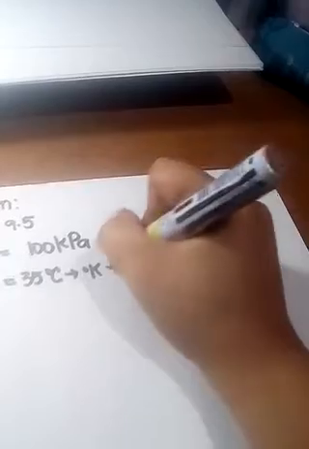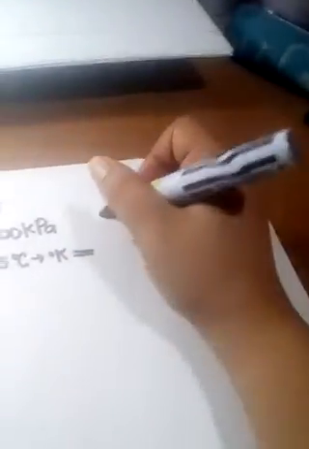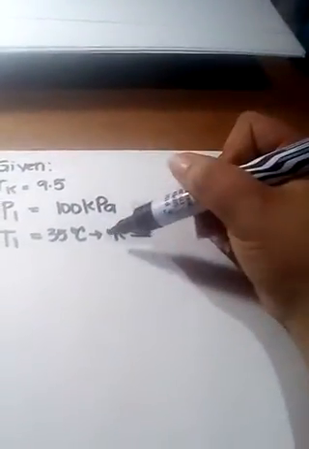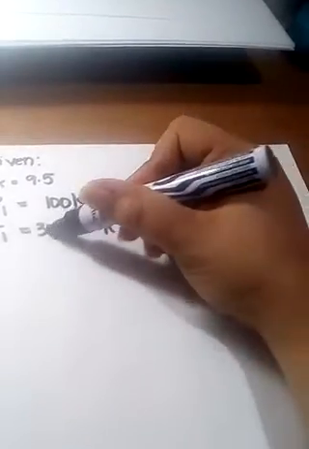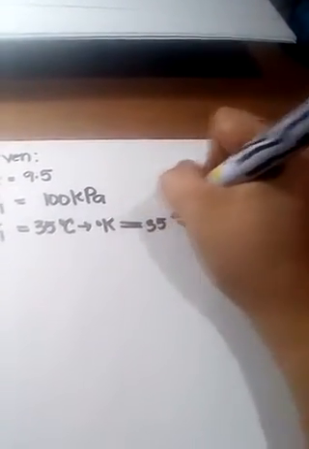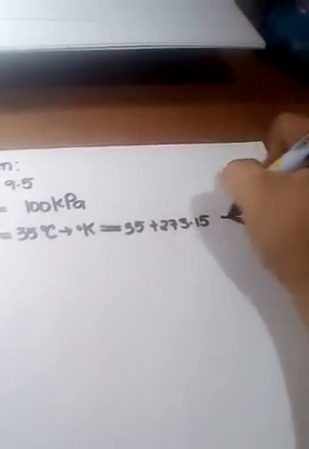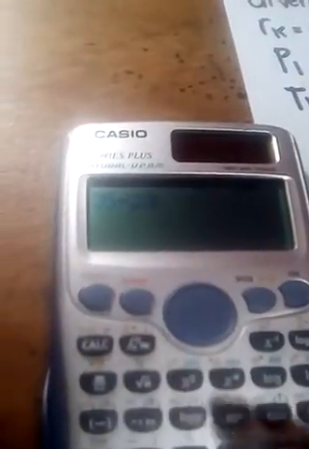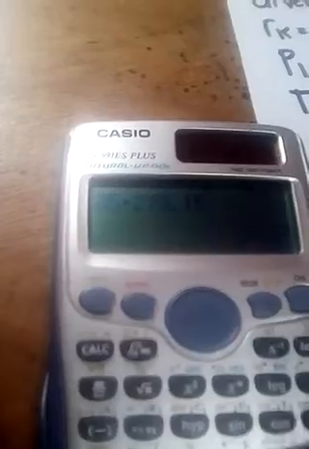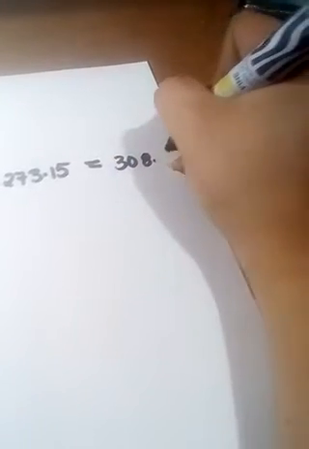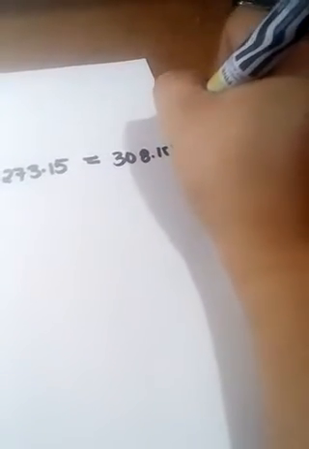In converting this, we add 273.15 to this value, wherein 35 plus 273.15 is equal to 308.15 degrees Kelvin.